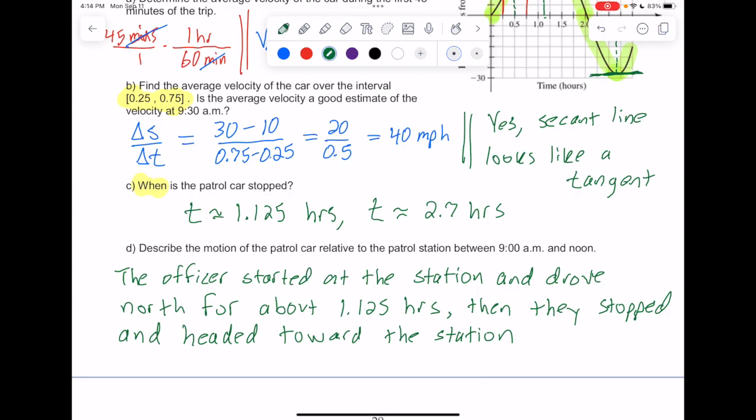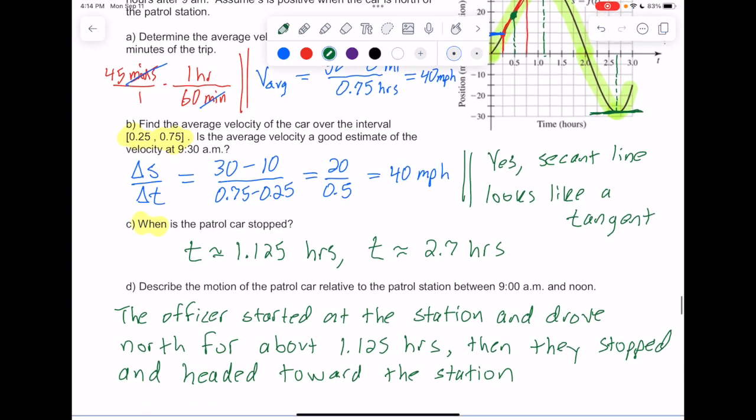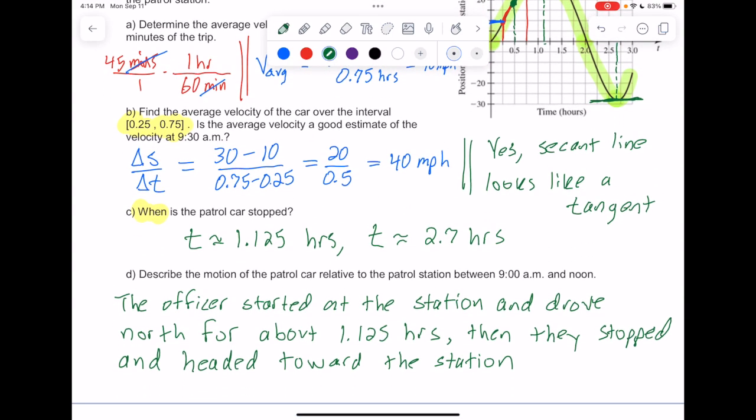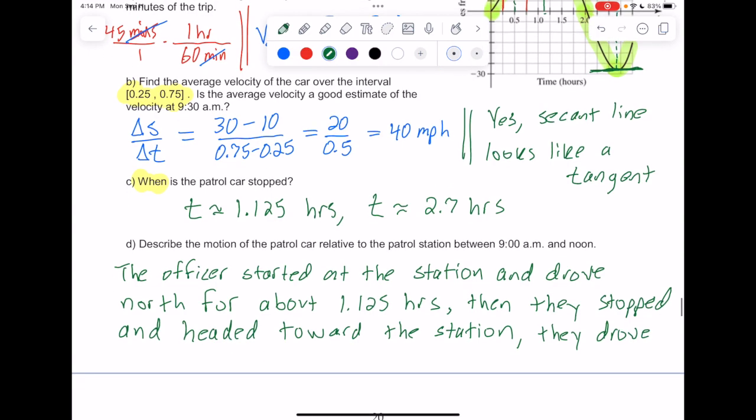But they didn't stop when they got back to the station. They drove by the station about 2 hours later, which I guess would be 11 a.m. And they went as far as like 28 miles south of the station.